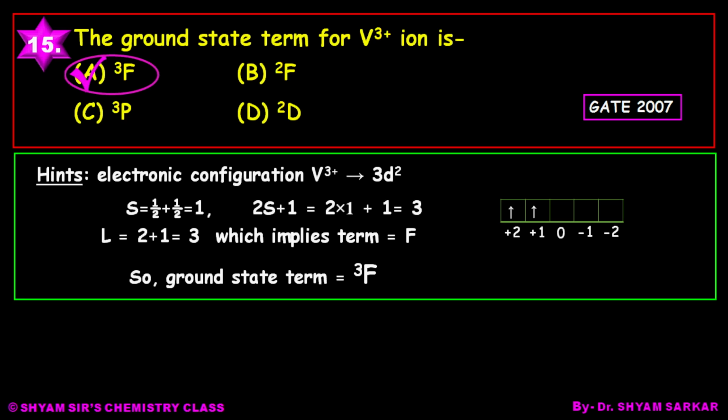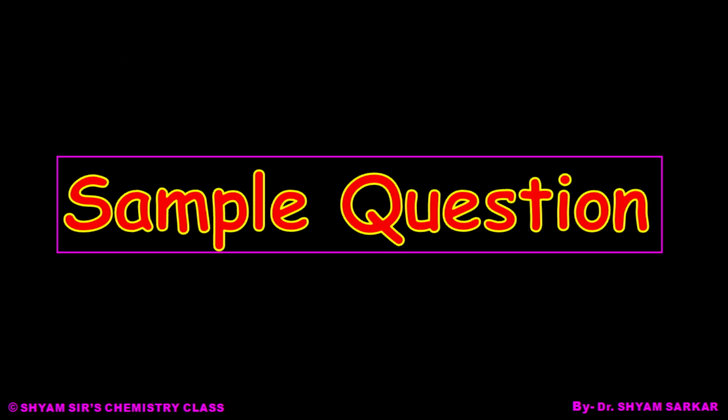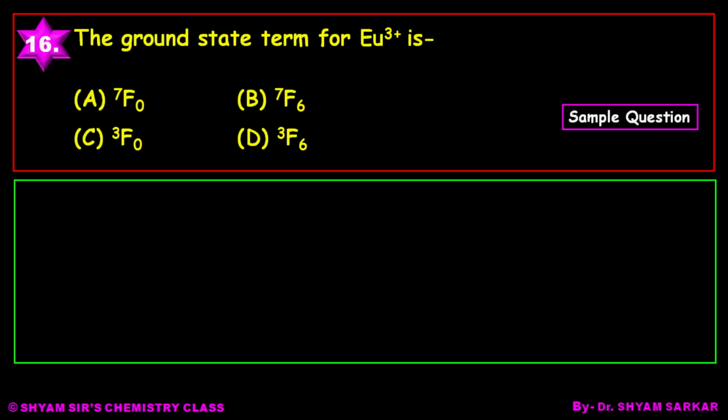Okay, now I will go to the sample question, which you can take as a suggestion from my side. See, the ground state term symbol for europium 3+ ion is. So for the europium ion you need to know the electronic configuration. I have already given the table. From that table you can see the electronic configuration for europium 3+ ion is 4f6.